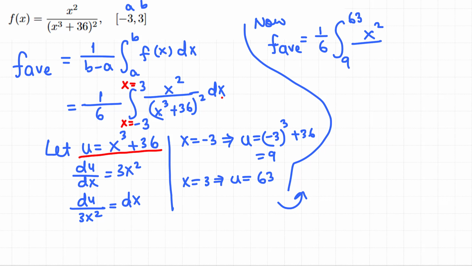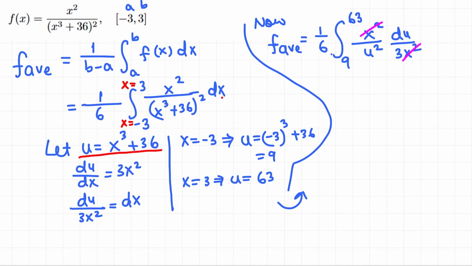On the bottom though, this is our u inside function, and that's how we started simplifying this integrand. That's a u squared. And this dx is du over 3x squared. There should not be any x's left. That's the case: the x squared cancel.